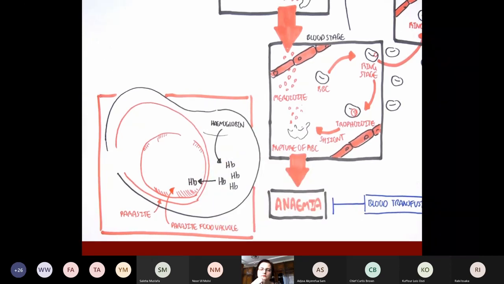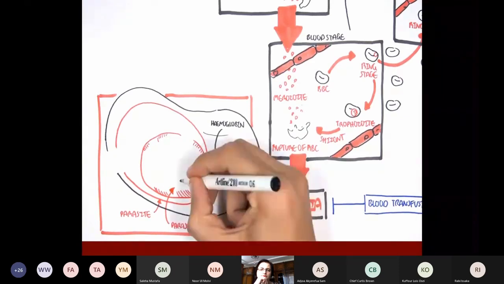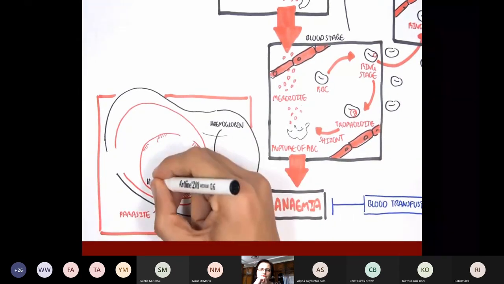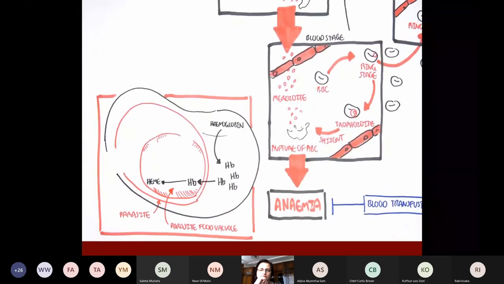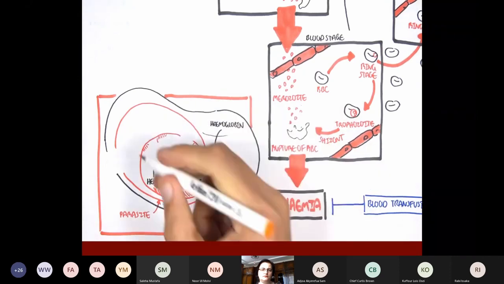The hemoglobin is metabolized by the parasite in the parasite's vacuole. It will break the hemoglobin into heme and protein. The parasite will use the protein for some stuff, but it's the heme that is important here. See, what happens is that the parasite uses heme for energy.